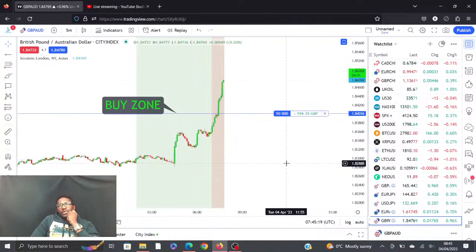But I still expect a retracement. I want a retracement because this is not the normal.